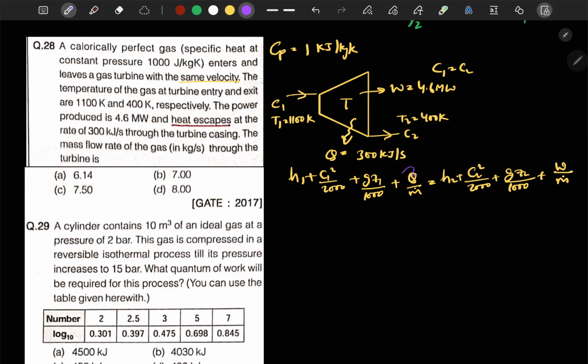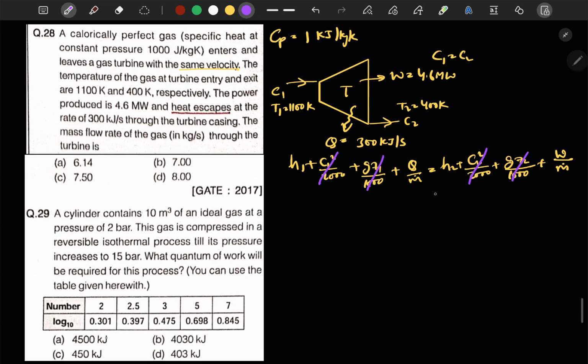There will be no potential change in the system. C1 is equal to C2, so this will also reduce to 0. We have to find m dot.